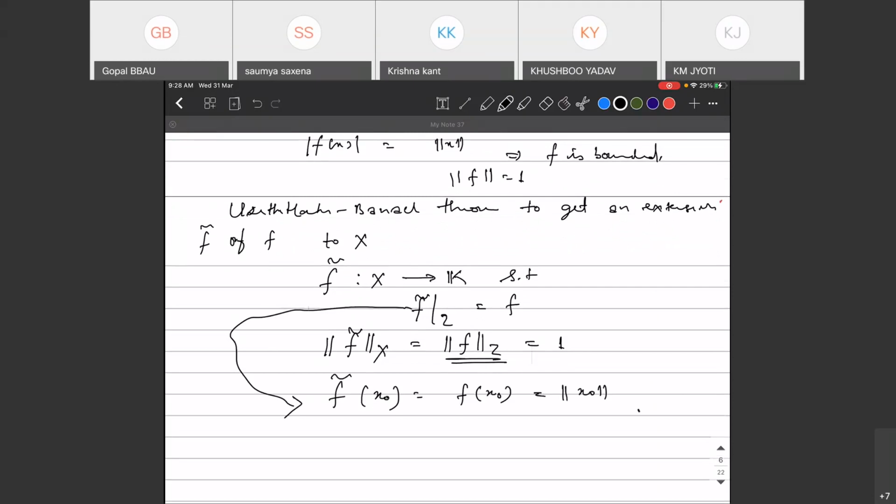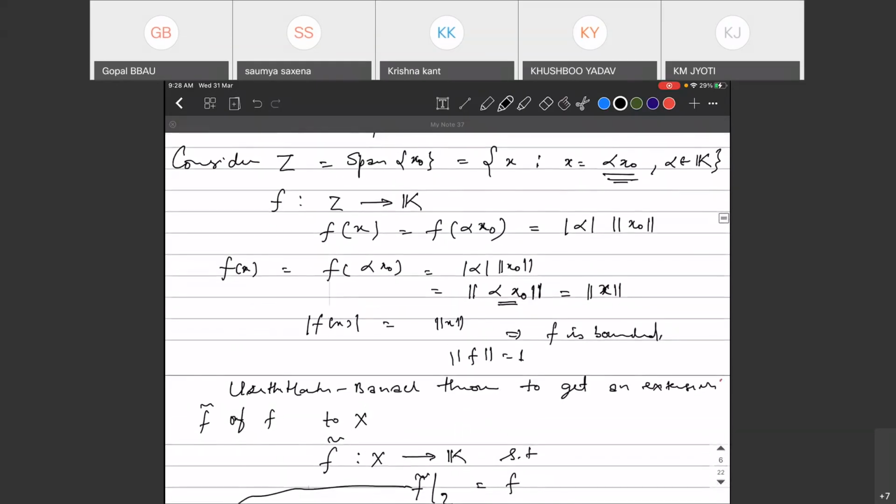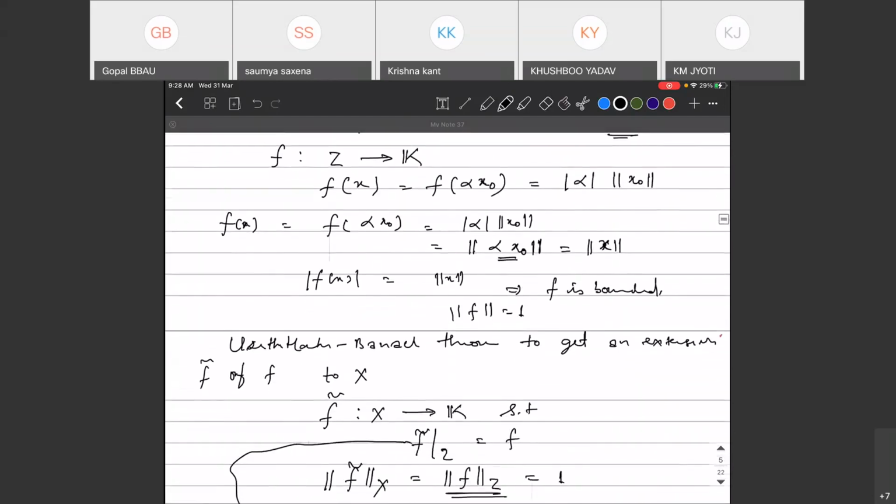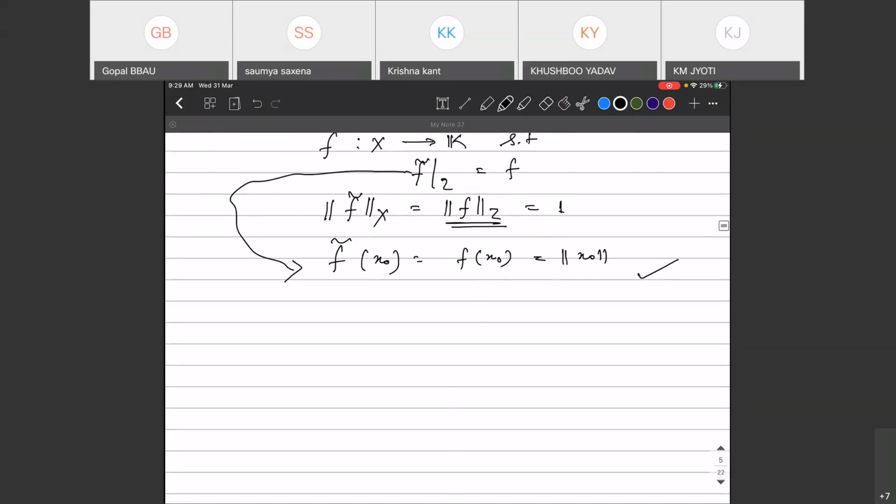Correct? So we proved this. This is a very important theorem. It gives you plenty of bounded linear functionals. The next is the corollary.